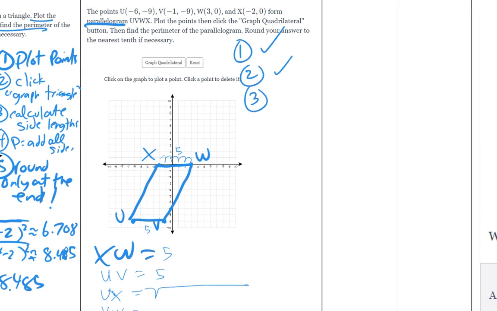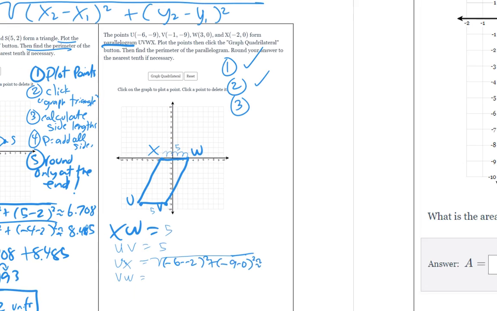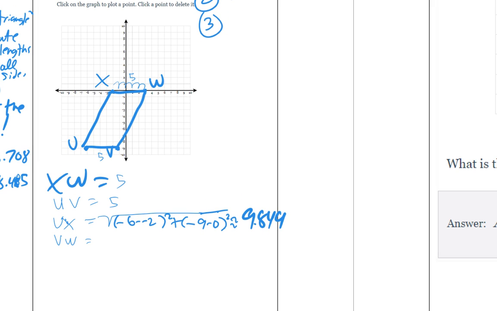So for UX, U and X is going to be -6 minus -2, close it squared, plus, then on the y values, -9 minus 0, close it squared. So if we put that into our calculator, that's going to give us approximately 9.849. Well, that means VW is also approximately 9.849.